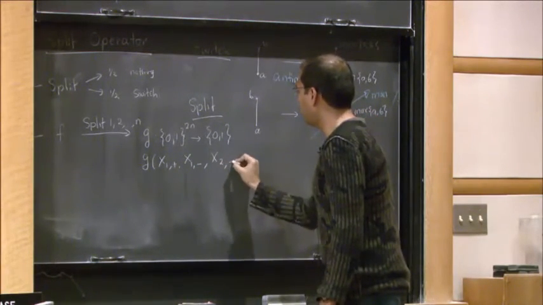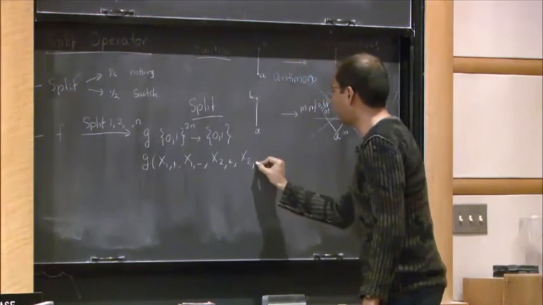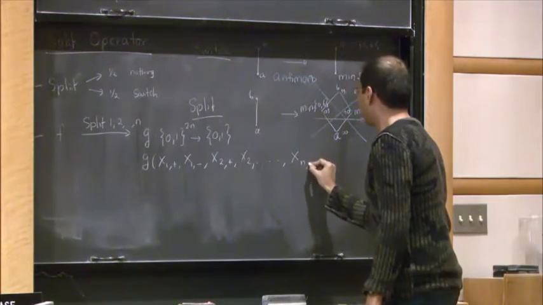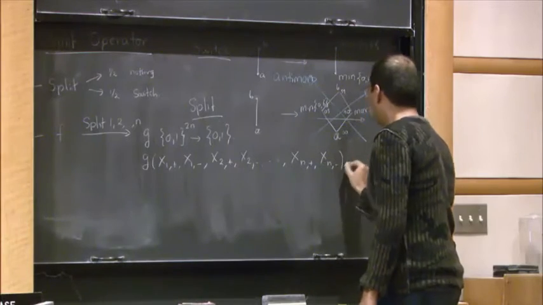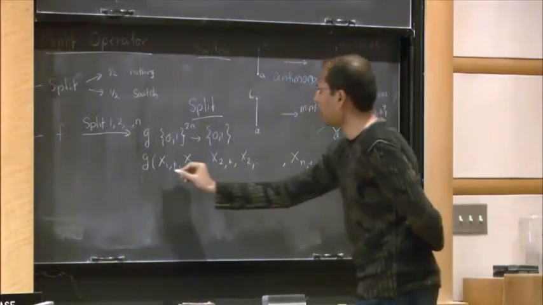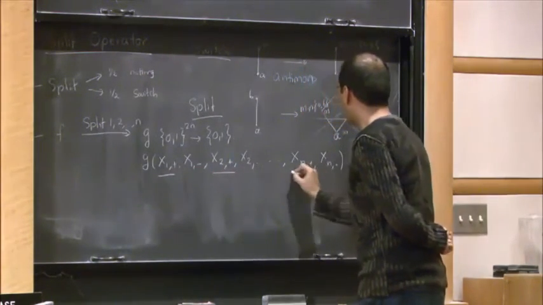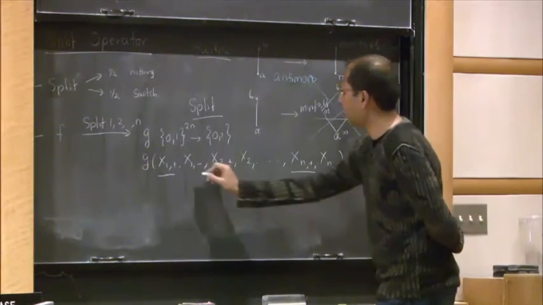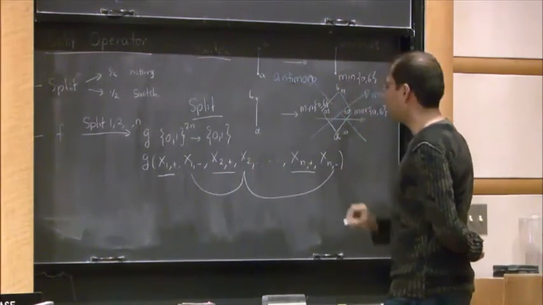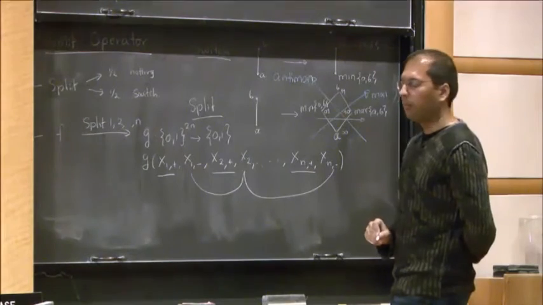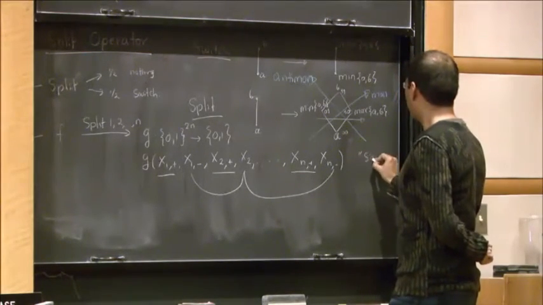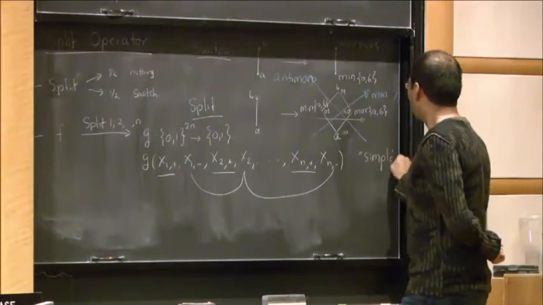Then x2 got split into 2 plus and 2 minus, and so on, x n plus, x n minus, with the property that the function is monotone in all the plus coordinates, and anti-monotone in all the minus coordinates.